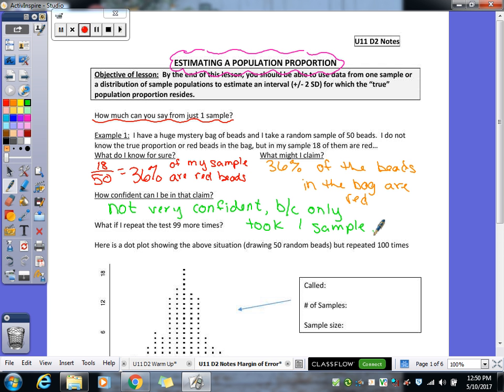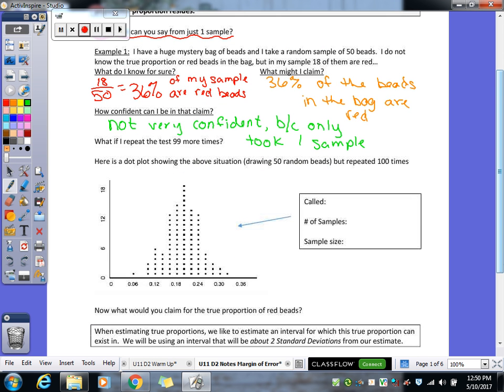So what I did is I then repeated this 99 more times, and I created this dot plot down here, which should look familiar. We were dealing with some of these last time.